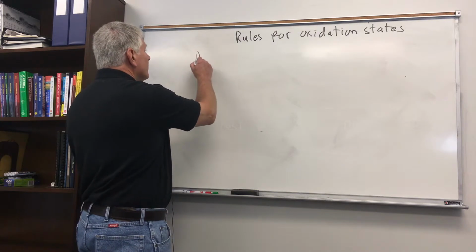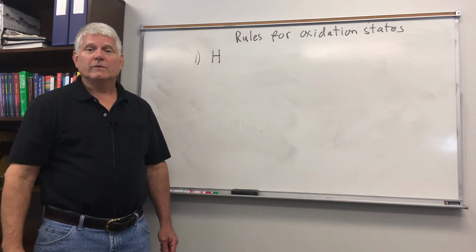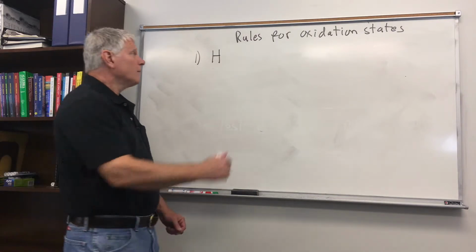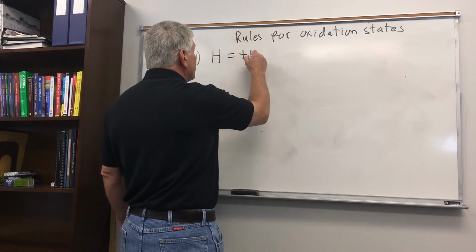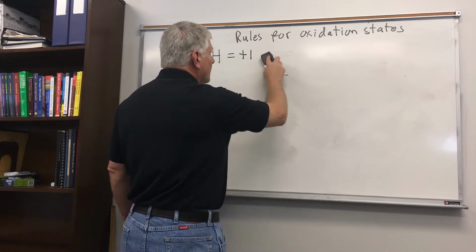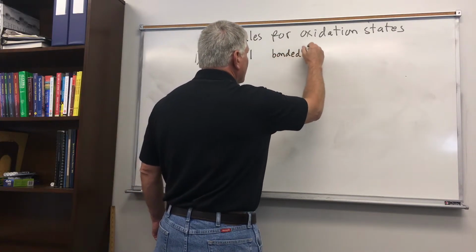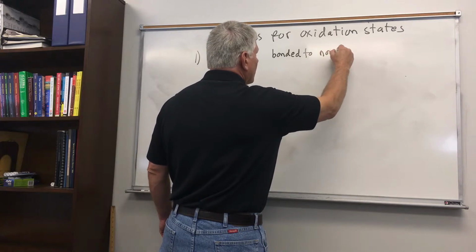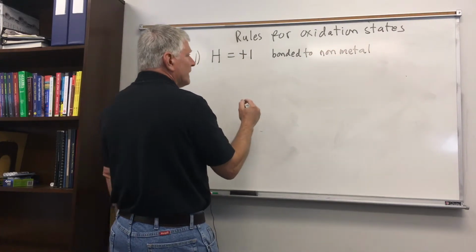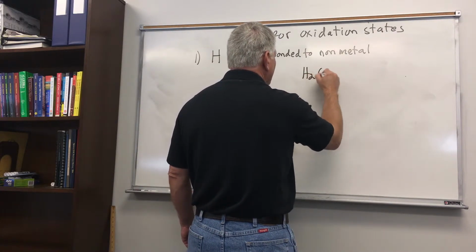So first we assign the hydrogen atoms. So we look for hydrogen atoms in molecules, and if hydrogen is bonded to a nonmetal, it's equal to +1. So an example for this would be, say, the water molecule.